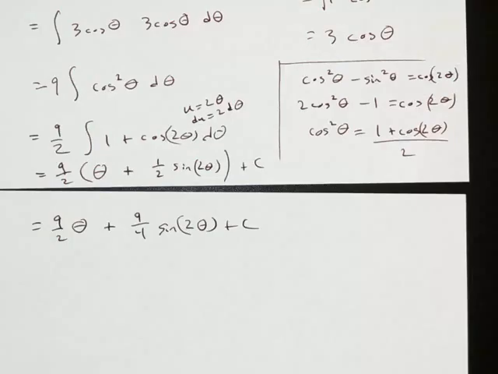There's just one problem. My answer is in theta. I don't want my answer in theta. I want my answer in x. So the question is, how do I get back to x from here? Oh, I go back and I use the same substitution we used before, which was x equals, what did we write down earlier?